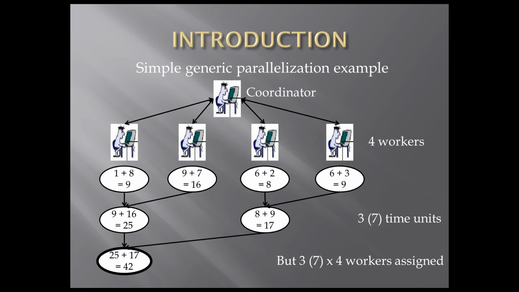Another important point you can tell from this example is that, in order to complete the task, the different workers have to communicate with each other. You can see here that after building an intermediate result in the first step, they have to communicate with each other in order to continue the processing and build the next level of intermediate results until they arrive at the final result.